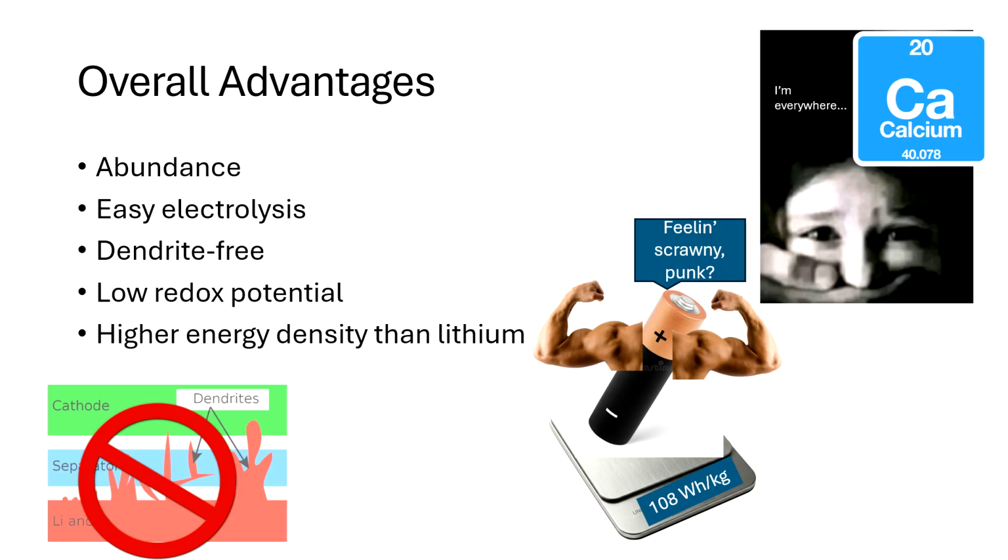So excessive dendrites can eventually lead to rendering the battery chemically inert. And they are difficult to remove because they are mostly microscopic or smaller than that. So dendrites are usually a major problem for batteries, but calcium ion batteries notably do not come across that issue.